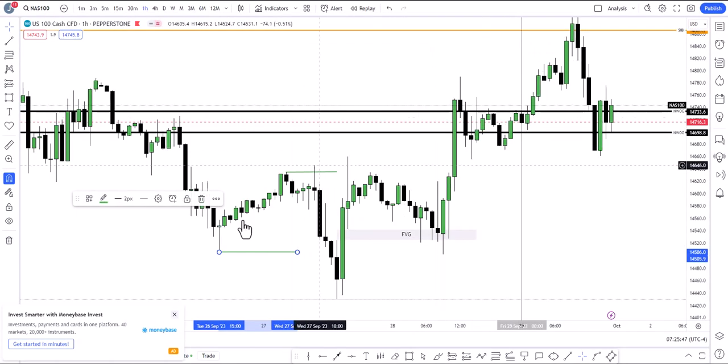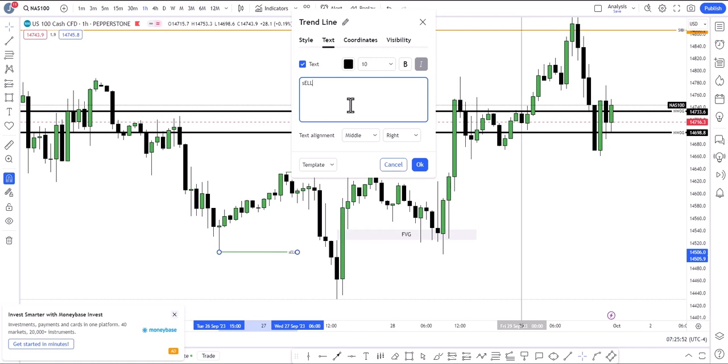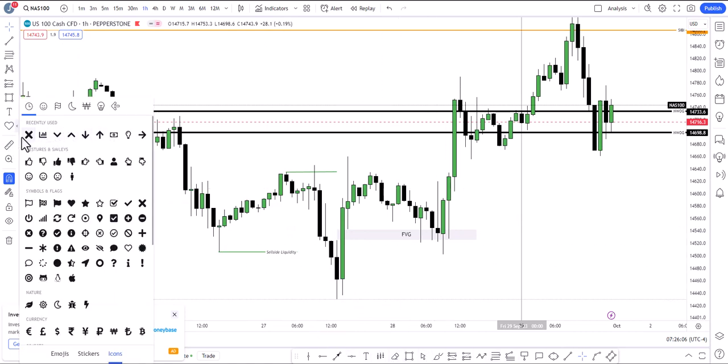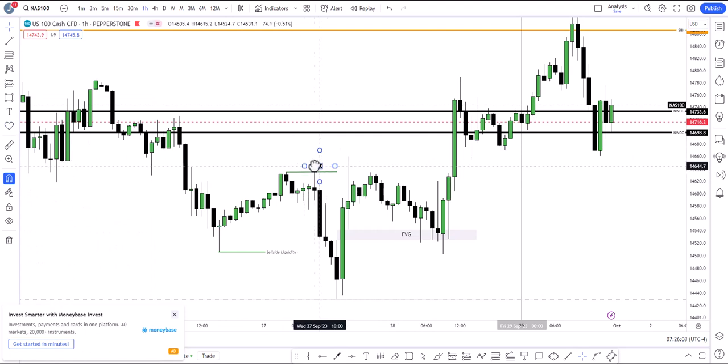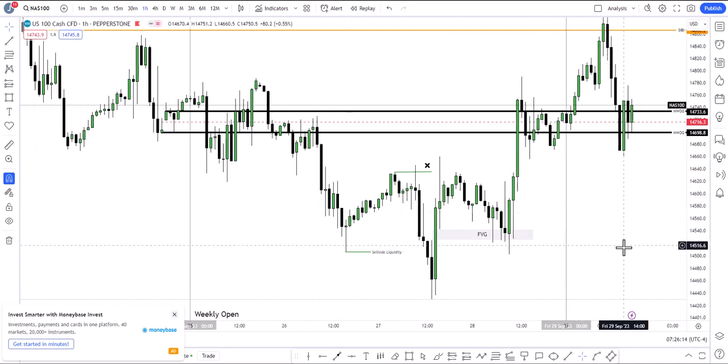So solid. Right there. We have a raid on stops here. Right at that area there. I'm actually going to move that just there.